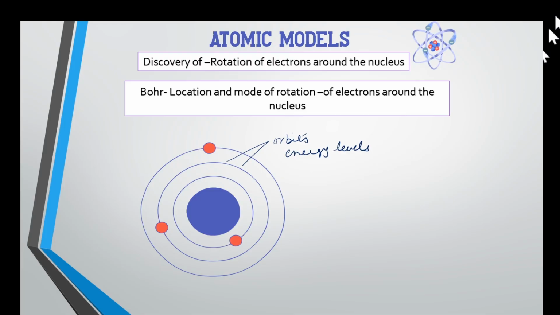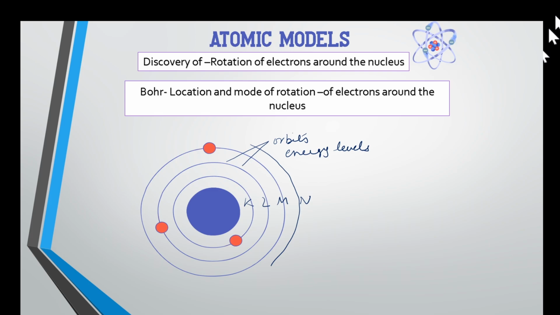So this is called the planetary model that was given by Bohr. He stated that the electrons are revolving around the nucleus in fixed shells, named the K, L, M, N shells. So that was the contribution of energy levels or shells by the scientist Bohr.